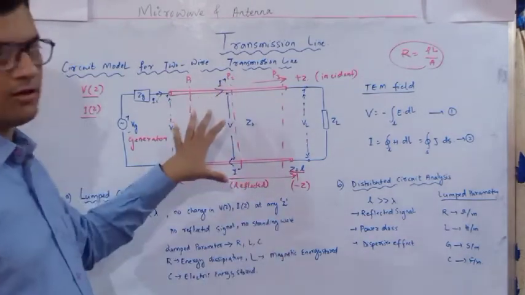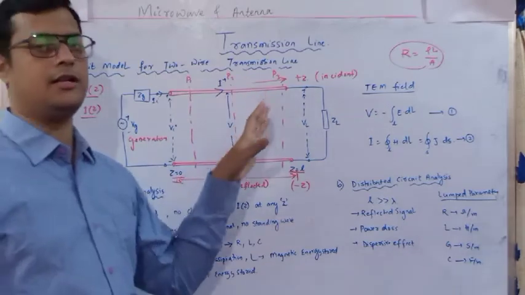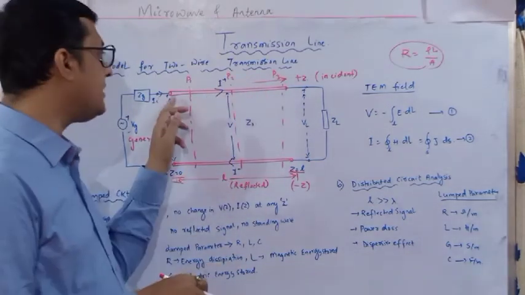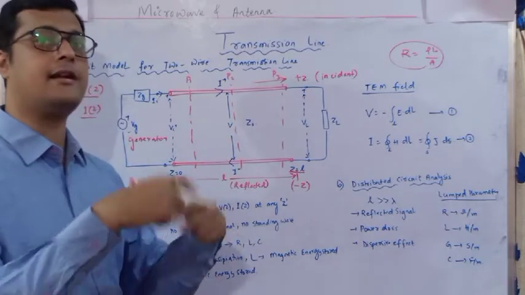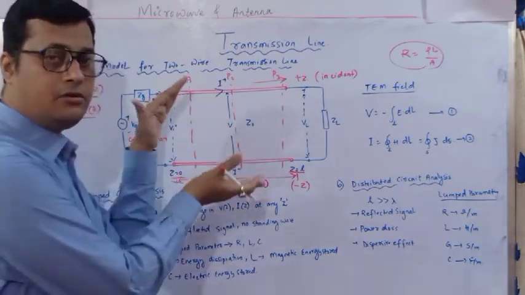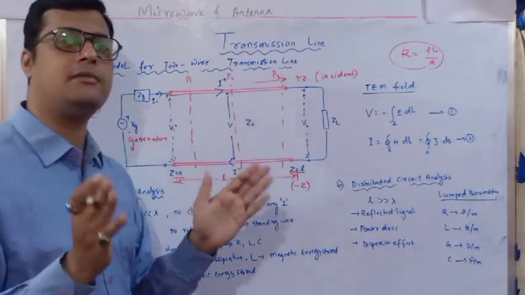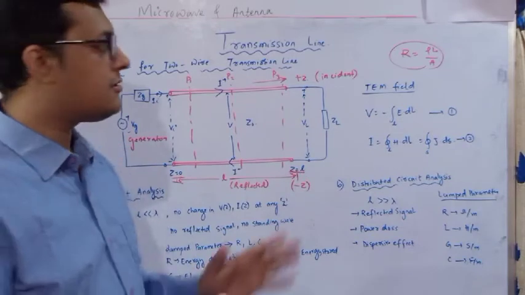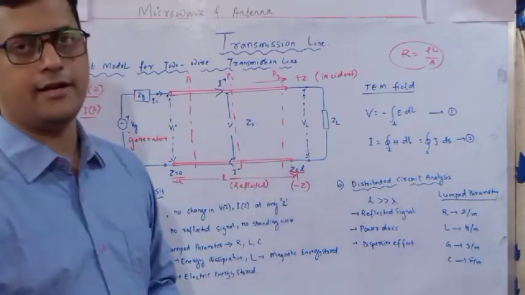We discussed this circuit model in the last class: in series we have R and L combination in both conductors, and between those two conductors the dielectric medium is identified with capacitance and conductance. That analogy we are going to identify now.